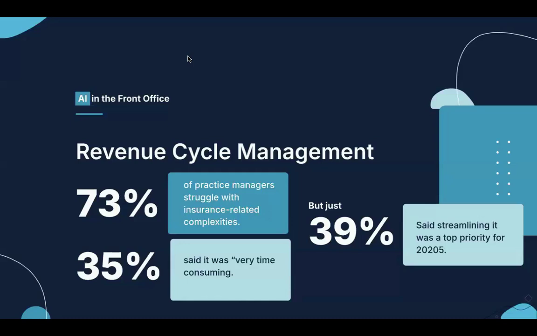Now, that is coming soon, doesn't exist right now, but that really provides a lot more trust for a patient, right? They don't have to shop around because they know that we're going to give them the ultimate answer. But 35% of practices say that focusing on insurance stuff is very time consuming.